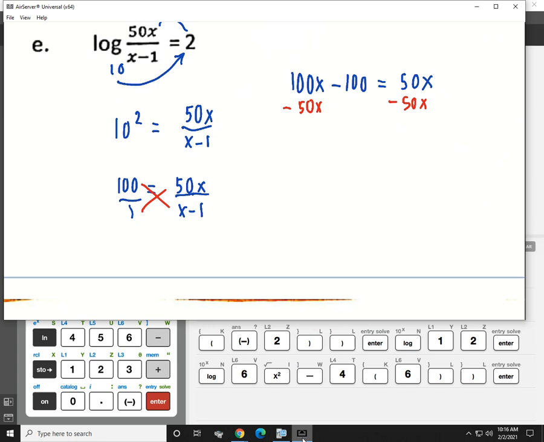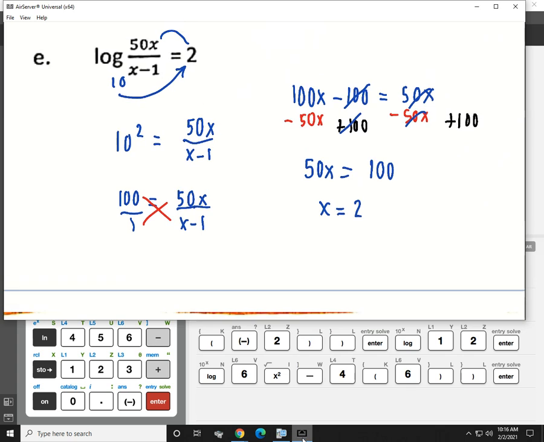And at the same time, I'm going to add that 100 to this other side. So here's what I'm left with, guys. 100x minus 50x is 50x. These cancel on the left, these cancel on the right, and I'm left with 50x equals 100, right? So what's the last step? Divide by 50.